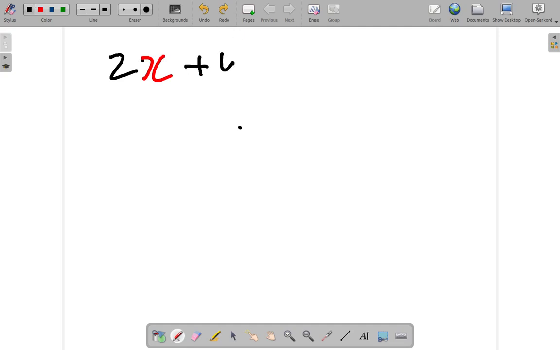plus y, let's put y in green, equals, now I want my x to be 2. Let us say x is equal to 2 and y is equal to 3. So 2 2's are 4, 4 and 3 is 7. Okay, so this is 7. We also have another equation.